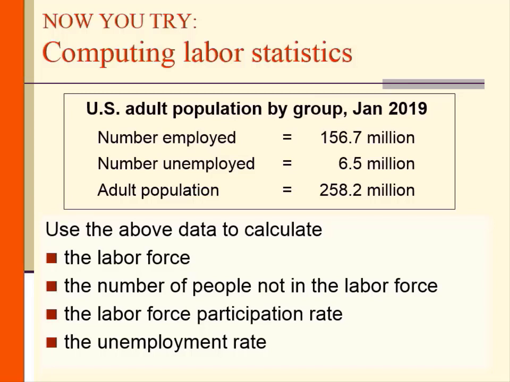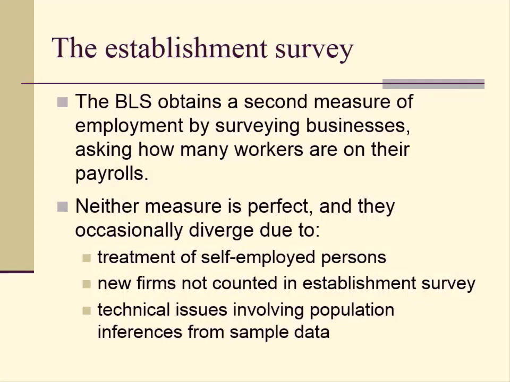Finally, the unemployment rate is equal to number of unemployed over labor force times 100, which is equal to 6.5 over 163.2 times 100, and that's approximately equal to 3.98% unemployment rate.